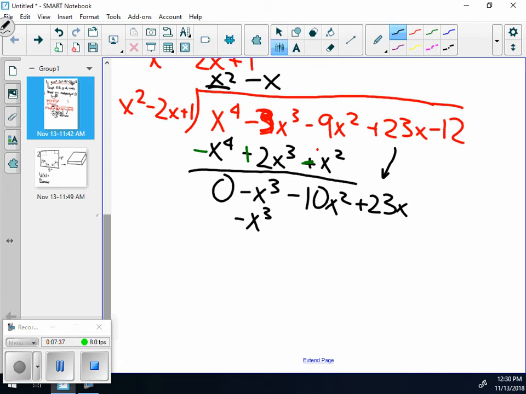Now we're at the negative 2x term, times the negative x, plus 2x squared. Thank you. And then our last term? Here we have 0.